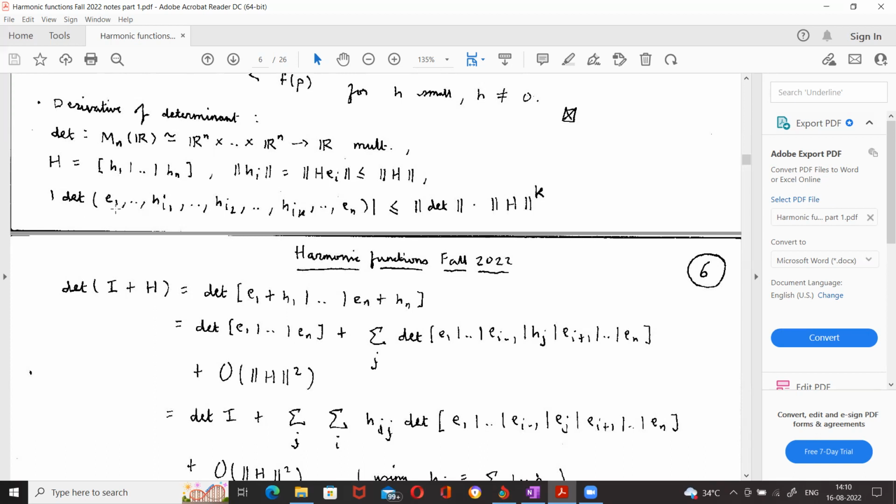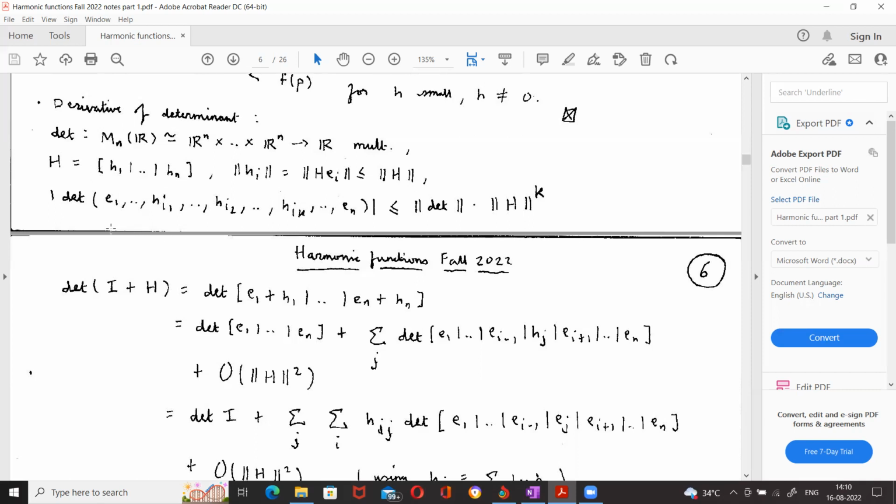And therefore, if I look at the determinant of a matrix where k of the columns are columns of H and the others are the basis vectors E1 to En, I've just replaced k of these columns by columns of H, so H_i1, H_i2 up to H_ik. Then the determinant is a multilinear map, so this is less than or equal to the norm of the determinant as a multilinear map into the norm of E1, norm E2, up to norm H_i1, norm H_ik, norm En.